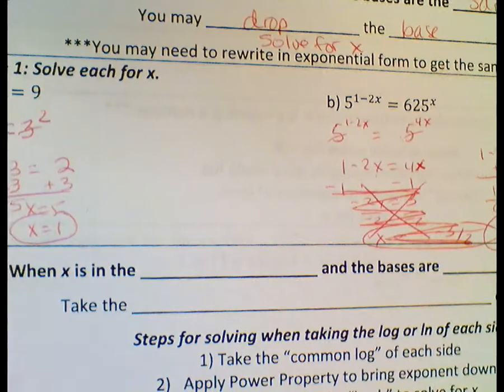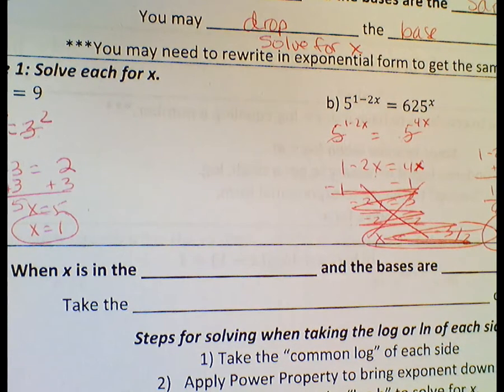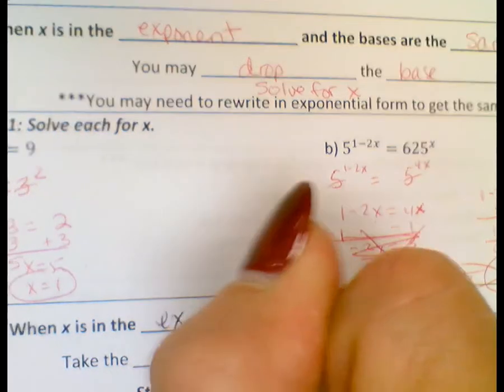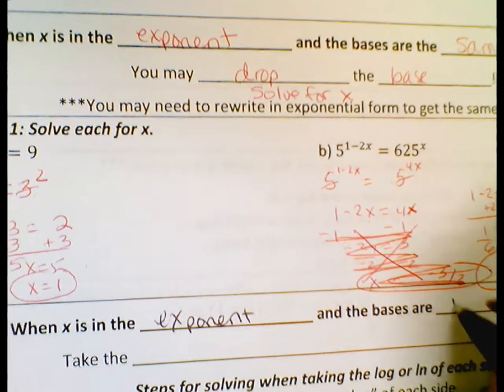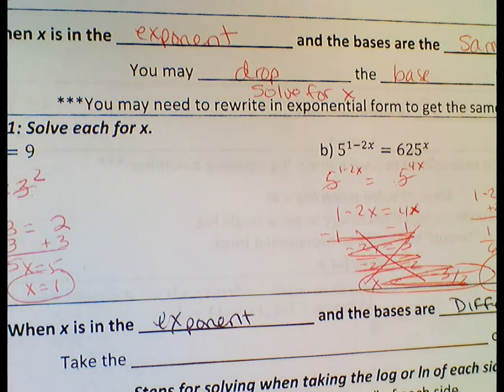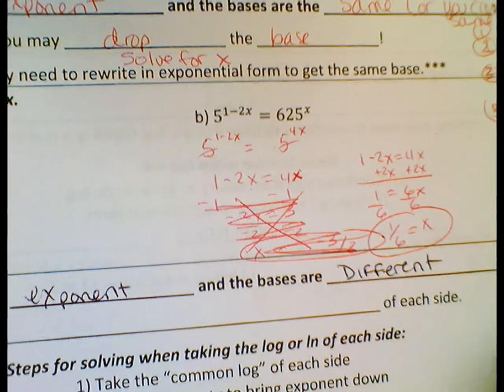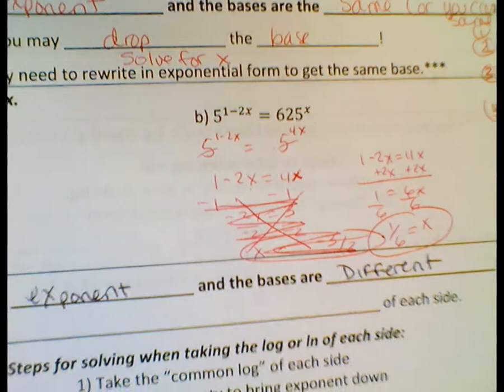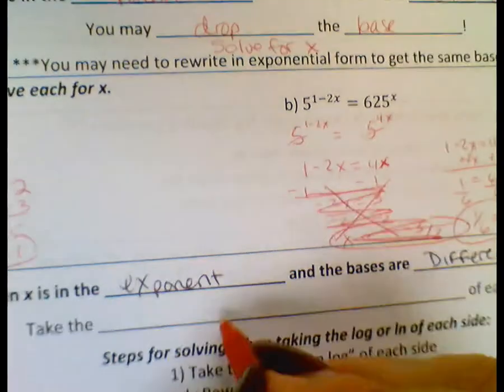So now, why is this different than what we're doing today? Today, when x is in the exponent and the bases are different, that means you can't use the family sheet. They're different. That means the family base is not going to work. So when the bases are different, you're going to take the log.